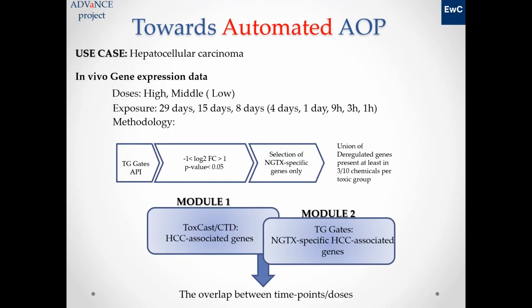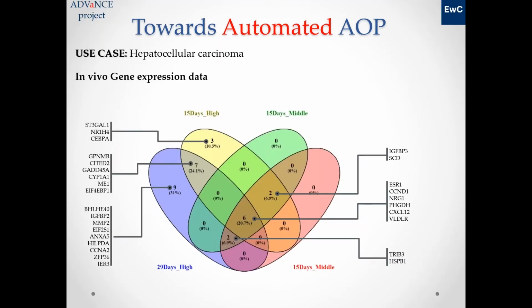Then we took the outcome from module 1 on hepatocellular carcinoma associated genes, and the outcome at the gene level from module 2 for non-genotoxic specific hepatocellular carcinoma associated genes, and we continued from there only with the overlap between time points and doses, and explored this whole strategy at the different doses and time points. This is a Venn diagram showing the genes found to be in common after going through all these pre-selection criteria.